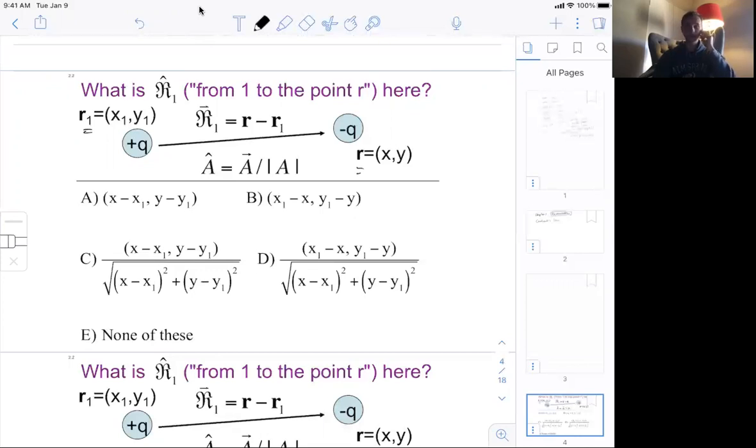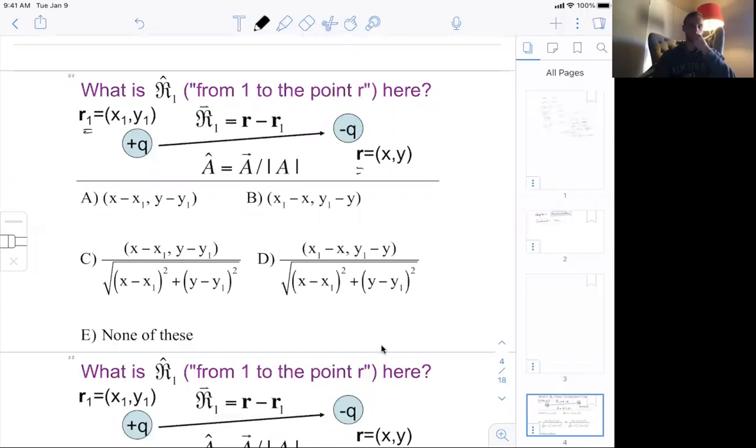Getting a majority of the vote already, so another 10 seconds. Any last minute votes?